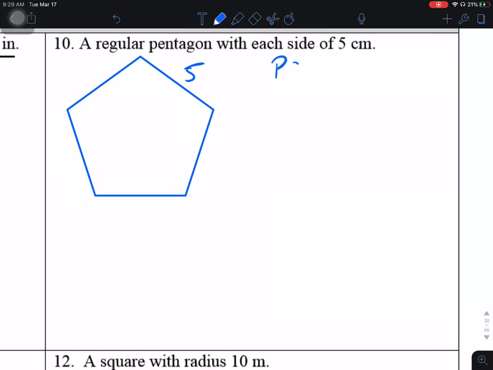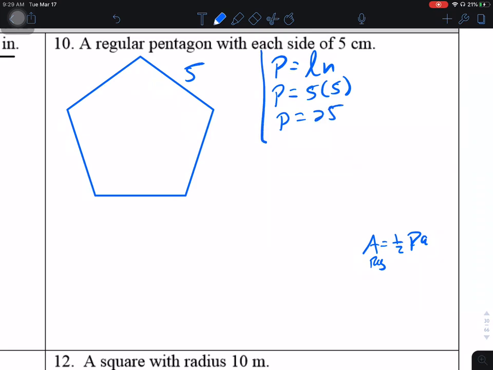I'm trying to use the formula: area of a regular figure is 1/2 the perimeter times the apothem. The perimeter is the length of a side times the number of sides. That's 5 times 5, that's 25. Easy enough, we know the perimeter. We don't know the apothem.